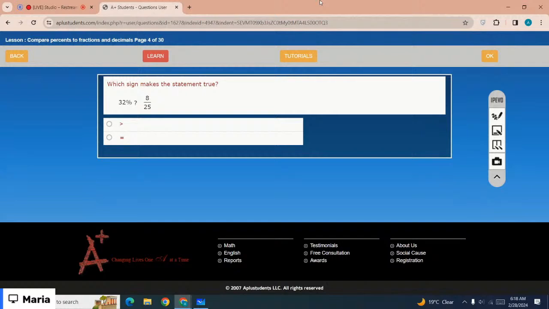They both are exactly equal, right? Because to convert 8 by 25 to a percentage, you need to multiply 25 times 4. So 8 times 4 is 32. So they both are exactly equal. Very good.